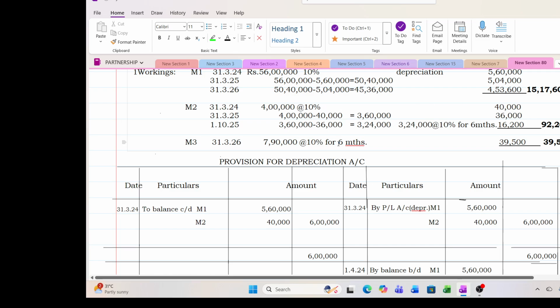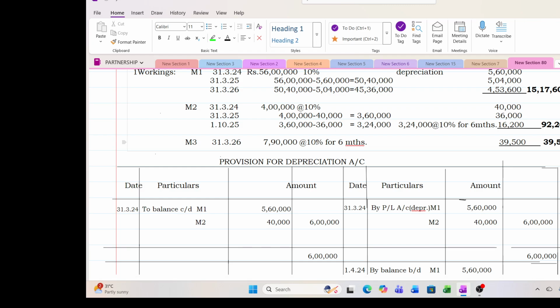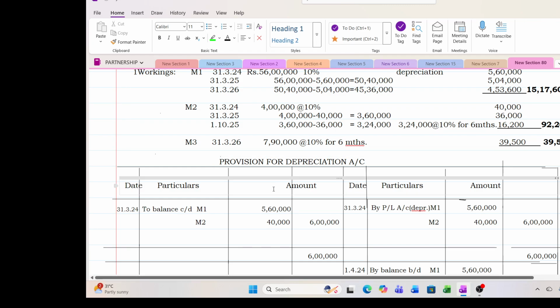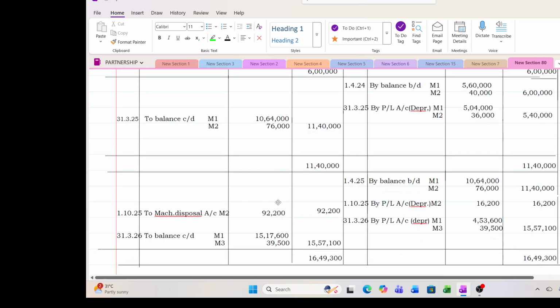And for the new machine, this was bought on 1/10/25, so again for 6 months: October, November, December, January, February, March. 6 months, 39,500 depreciation is provided.